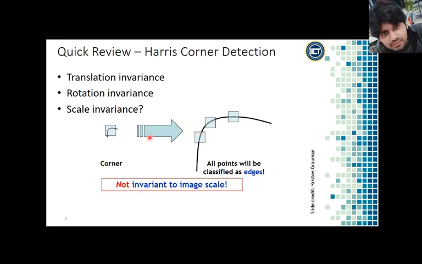So the same patterns could not be detected, so they will not be distinctive patterns in another image. So the corners are not scale invariant. If the image is scaled, then probably the corners would not work in that case.